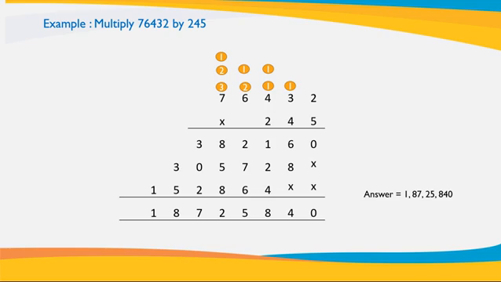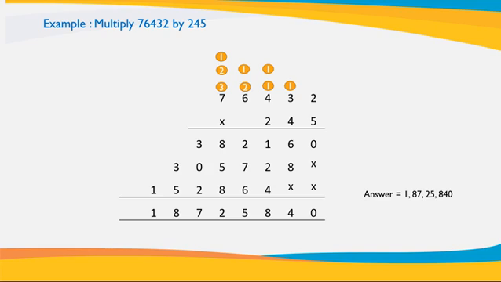Let us now move to the second step. Take the digit 4 and start the multiplication. But before you start, remember to put a cross or a 0 in the ones place. 4 2s are 8. Write 8 and move to the tens place. 4 3s are 12. Write 2 and carry over 1 to the next place, the hundreds place. 4 4s are 16. 16 plus 1 is 17.